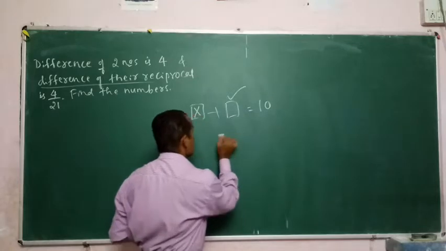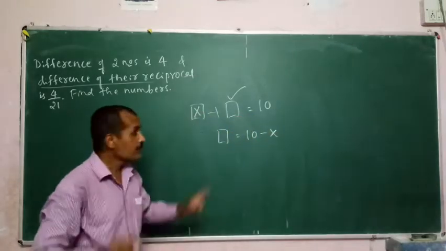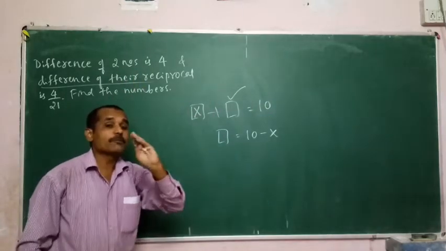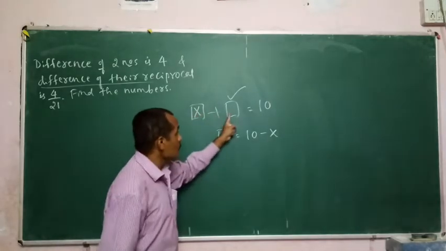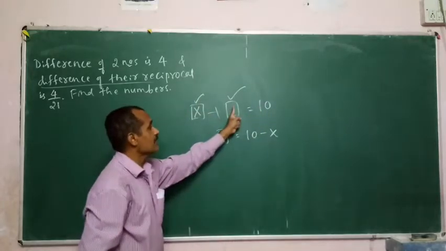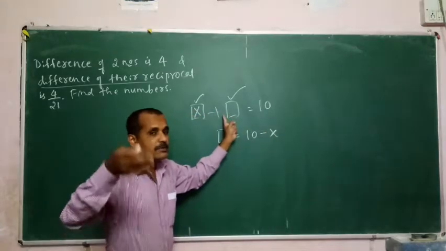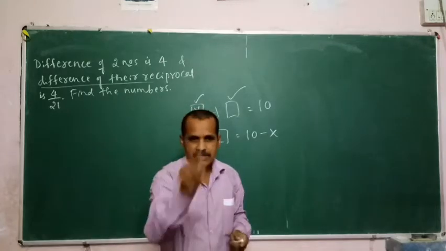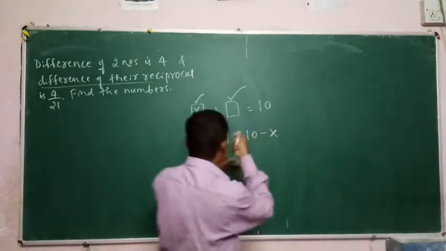Remember this, in future it will be useful for you. Whenever the sum is given, sum is 10, first number is x, second number is 10 minus x. This is about the sum.